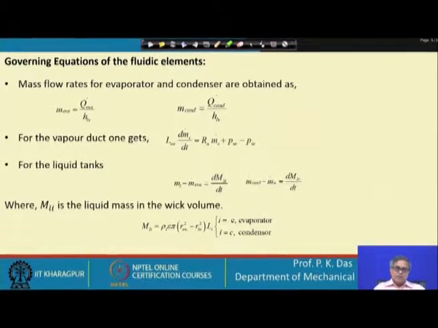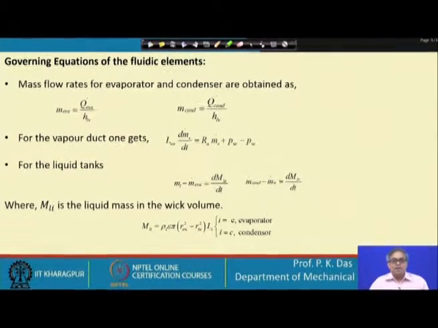So, more or less the important equations I have given, but I have done separately the analysis of quite a few things. First, the thermal analysis I have done with a thermal network. Then the fluidic analysis I have done with a fluid network, and in the fluid network I have separately considered the vapor path and the liquid path.